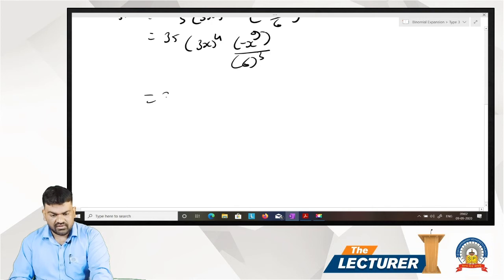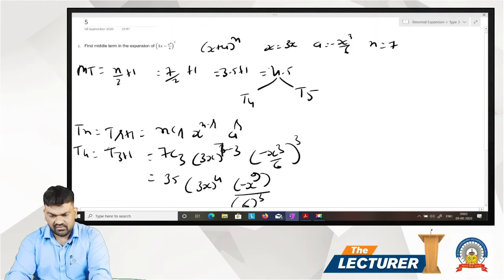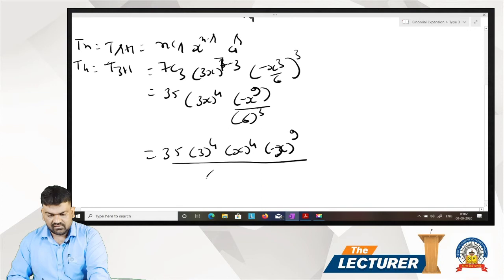Okay, so 35, 3 raised to 4, x raised to 4, here minus x raised to 9 divided by 6 raised to 3.